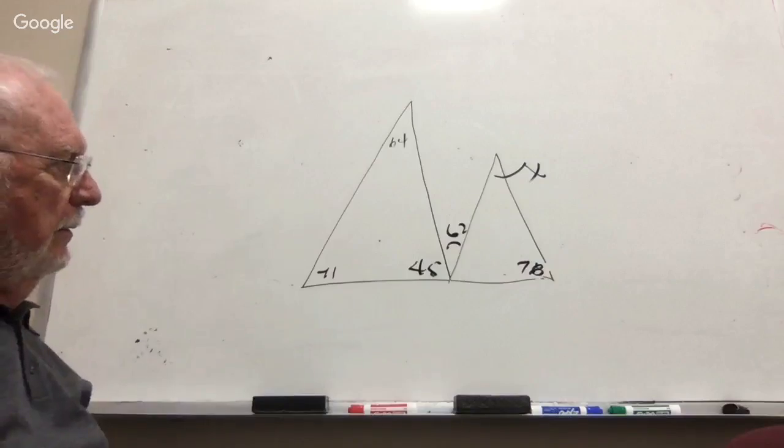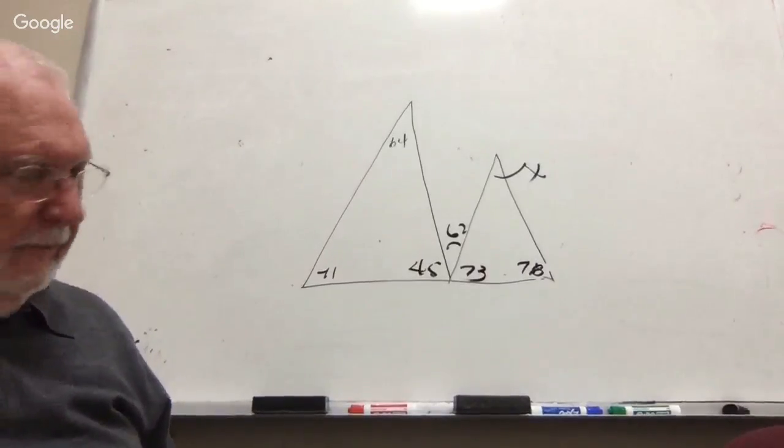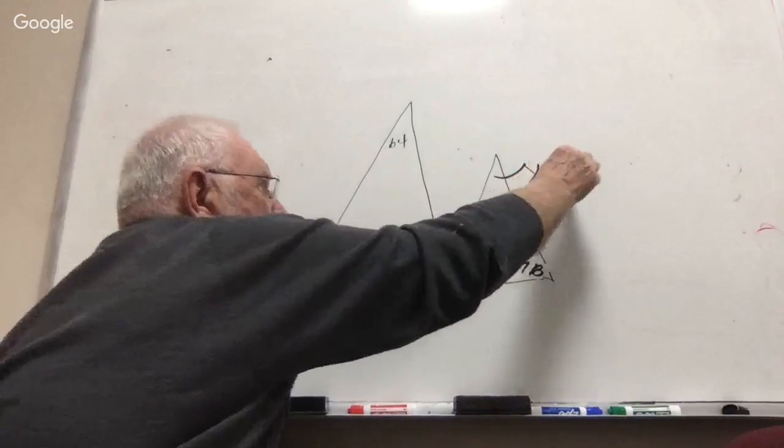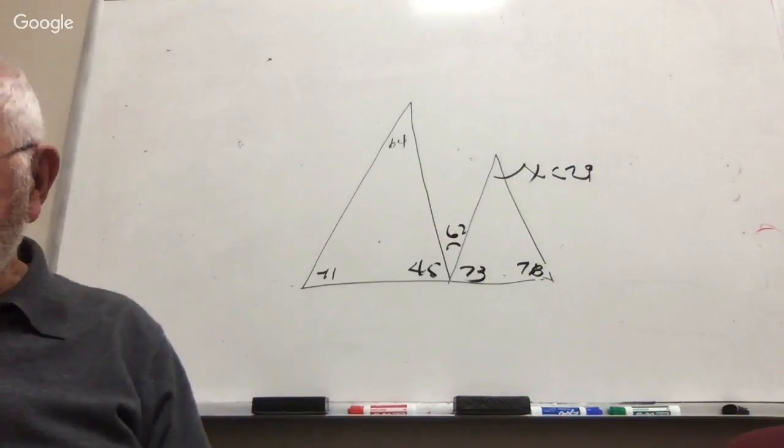Right? So 180 minus 45 minus 62 is 73. All right. And then we just finish off the triangle. Is it that easy? Yep, that one's easy. Oh, wow. Okay. 29. So 29. Yep. I'm sorry. I should have let you talk through that one. No, this is you to talk, not me.